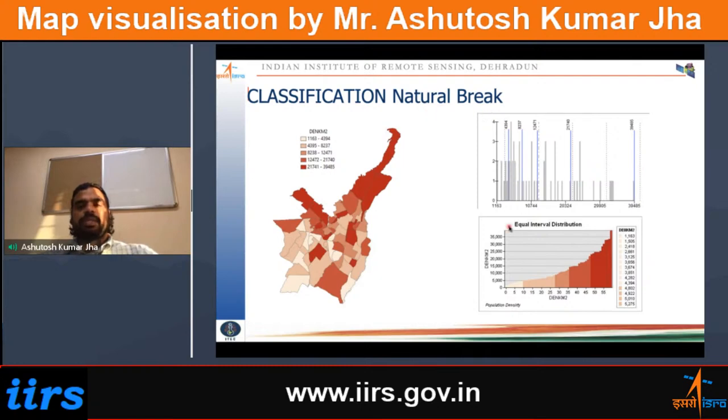Natural break basically means that if you have multiple groups in your data set, in those cases we can look for a natural break. For example, let's say this is a whole city, and I have done a survey of the per capita expenses in each of these administrative areas.